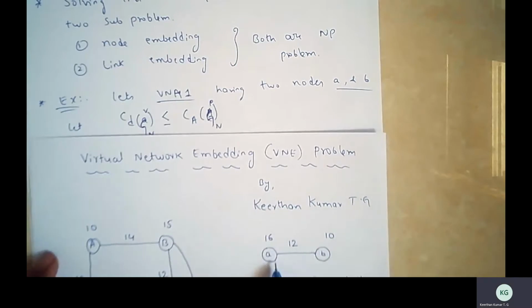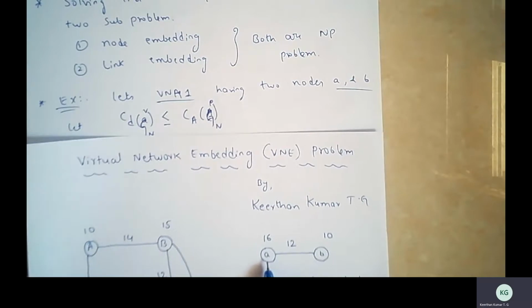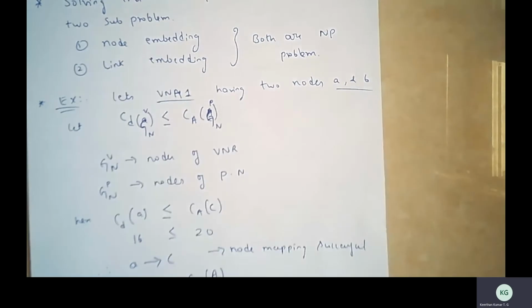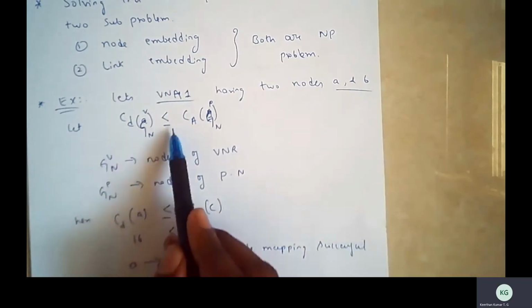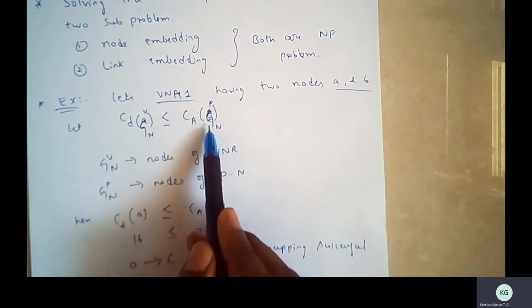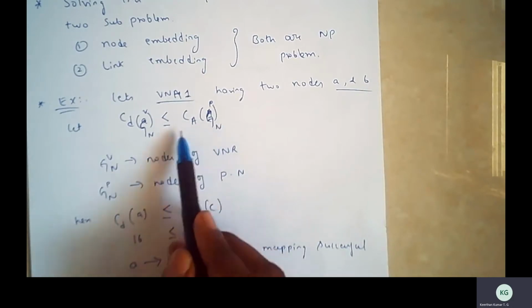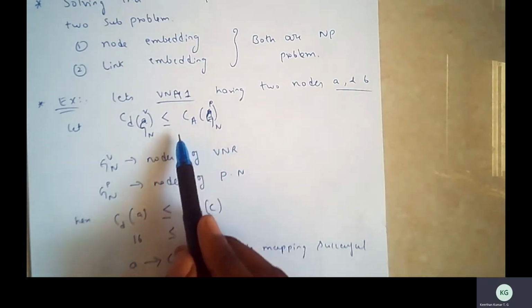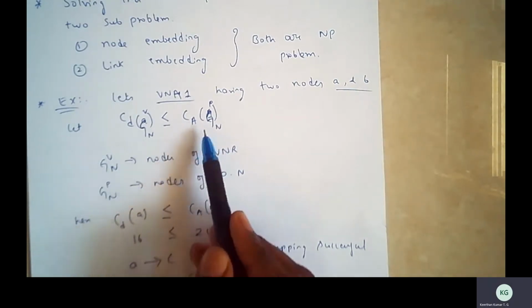VNR1 has two nodes, A and B. Node A has a demand of 16 CRB units and node B has a CRB demand of 10 units. Now, demand must always be less than or equal to the available capacity of the physical server. If this constraint is matched, then only I can place the VM on top of the physical server.